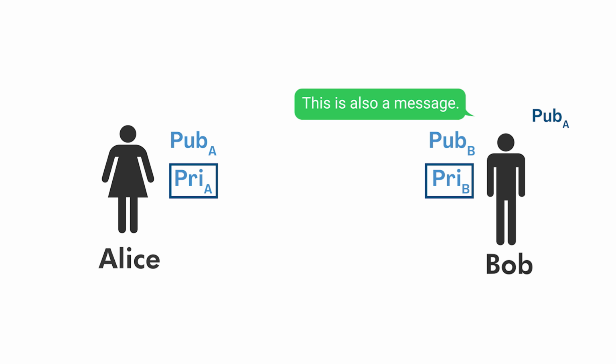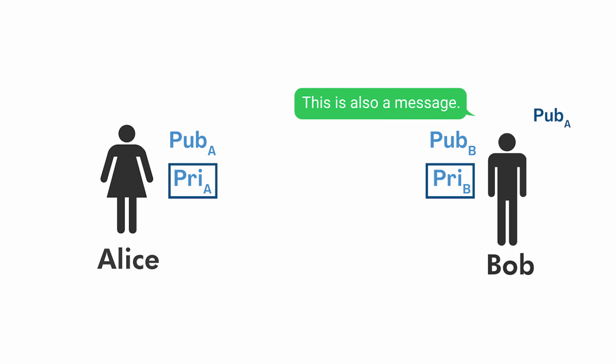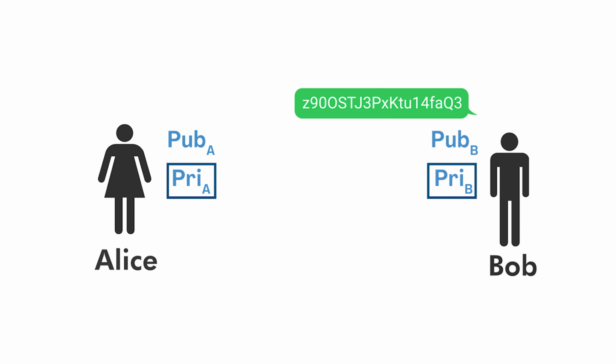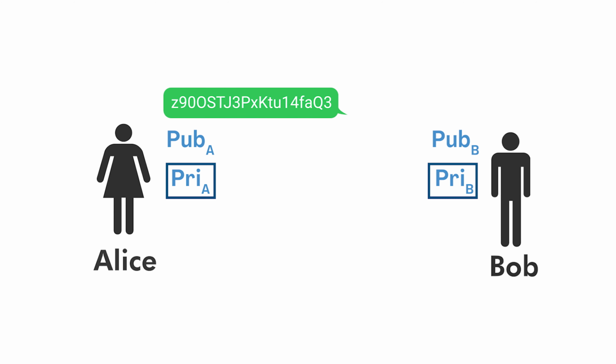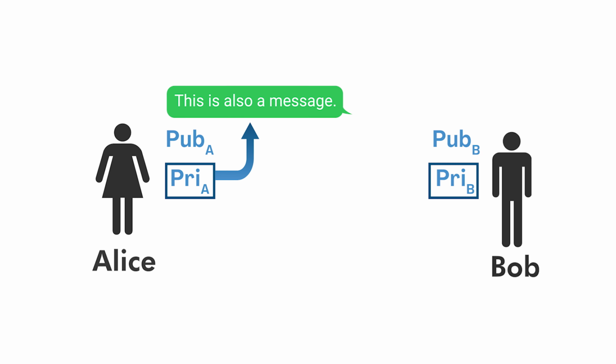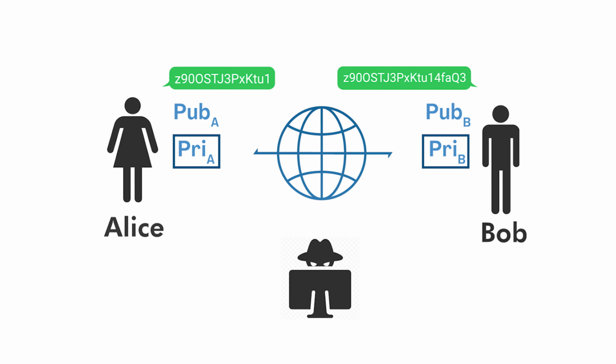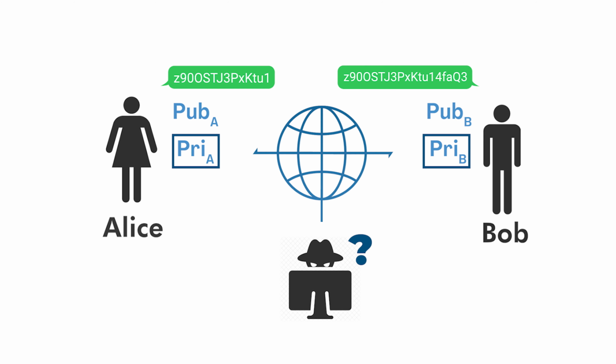Similarly, if Bob needs to send a message to Alice, Bob will use the public key of Alice to encrypt the message and send it to Alice, and then Alice will use her private key to decrypt it. While they are communicating, if there is a hacker or a rat listening to those messages, he will not be able to decrypt them because he does not have the private keys.